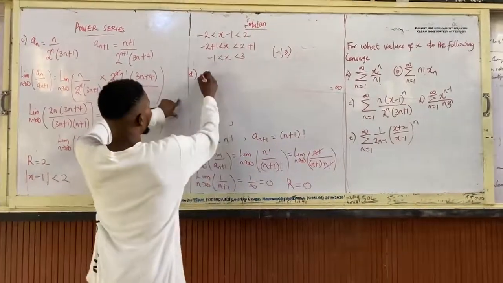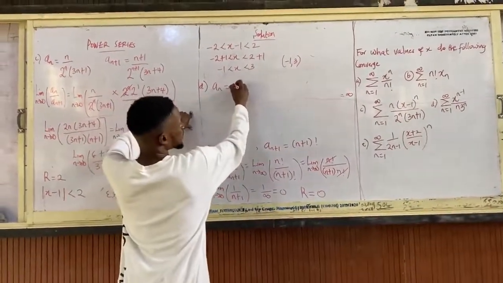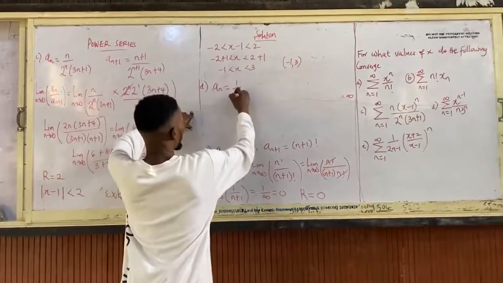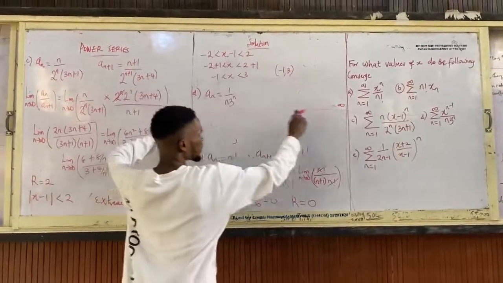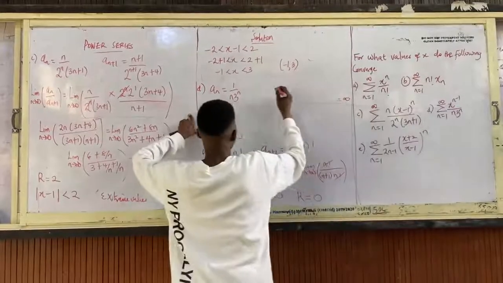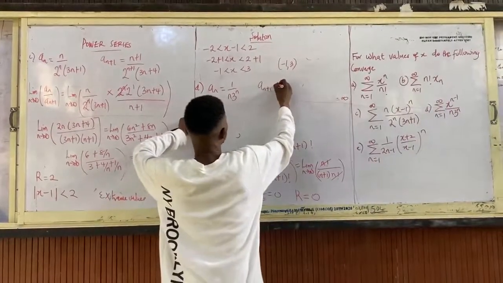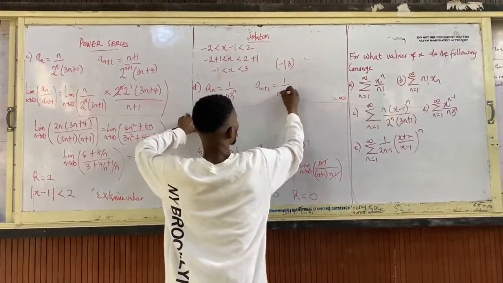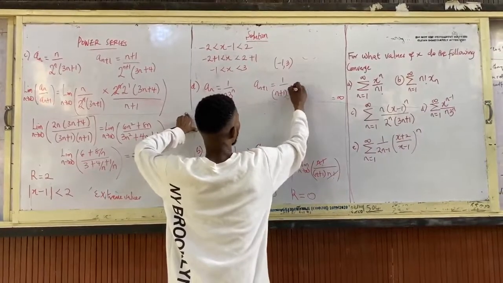Now D, let a_n be 1 over n times 3 raised to power n, ignoring the x. So that means our a_(n+1) becomes 1 over (n plus 1) times 3 raised to power n plus 1.